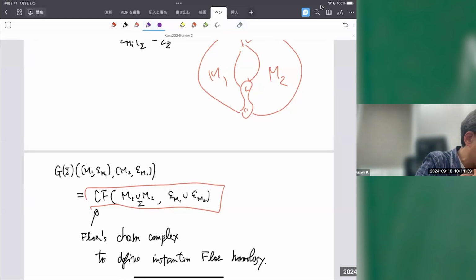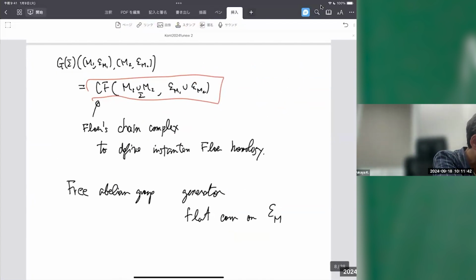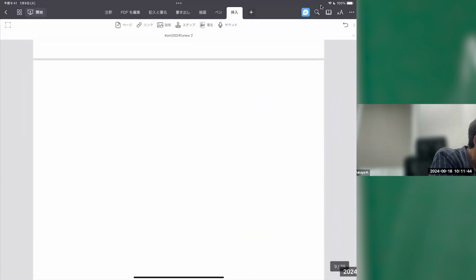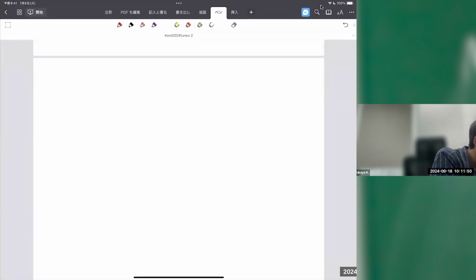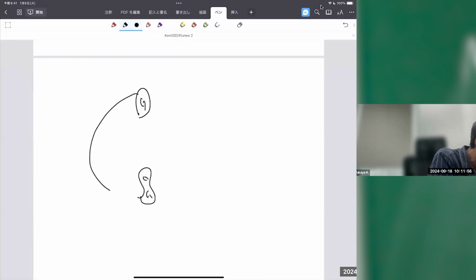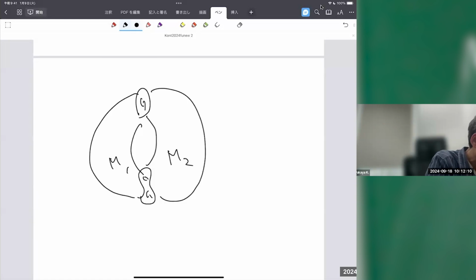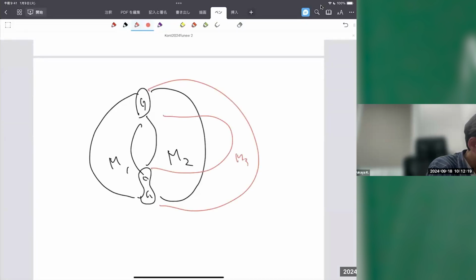Roughly, composition looks like this. You have M1 and M3.